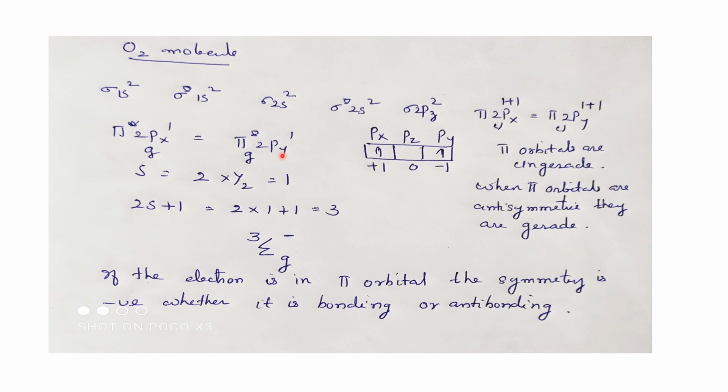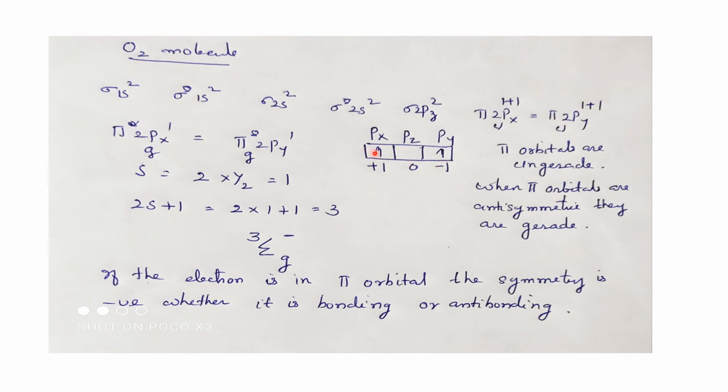First find out the lambda value. Lambda is equal to lambda 1 plus lambda 2. In this case, the last electrons enter these two orbitals, that is the px and py orbitals.